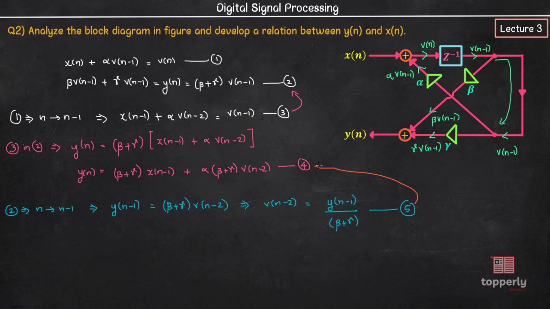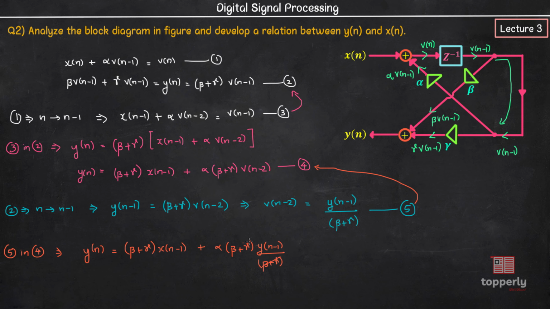Substituting equation 5 in 4 gives us y of n equal to beta plus gamma into x of n minus 1 plus alpha into beta plus gamma into y of n minus 1 by beta plus gamma.